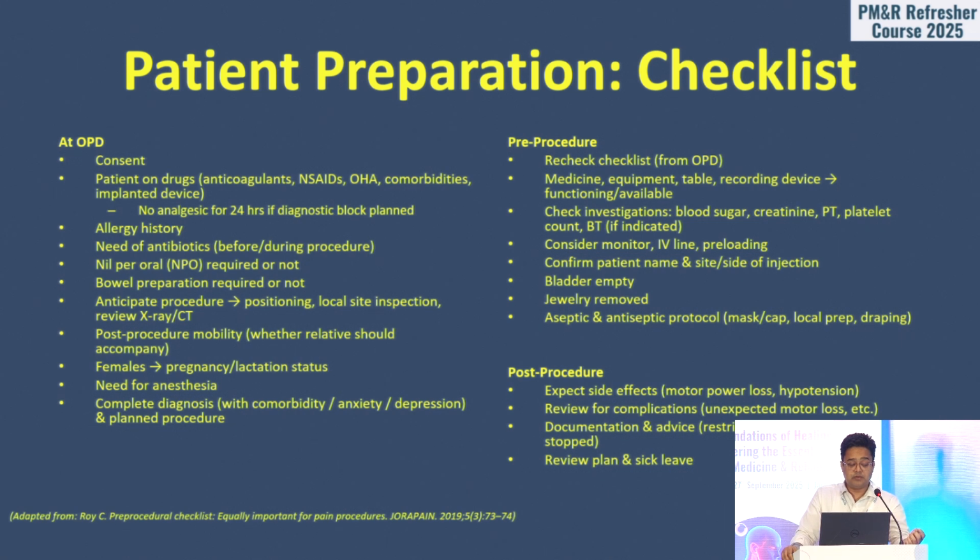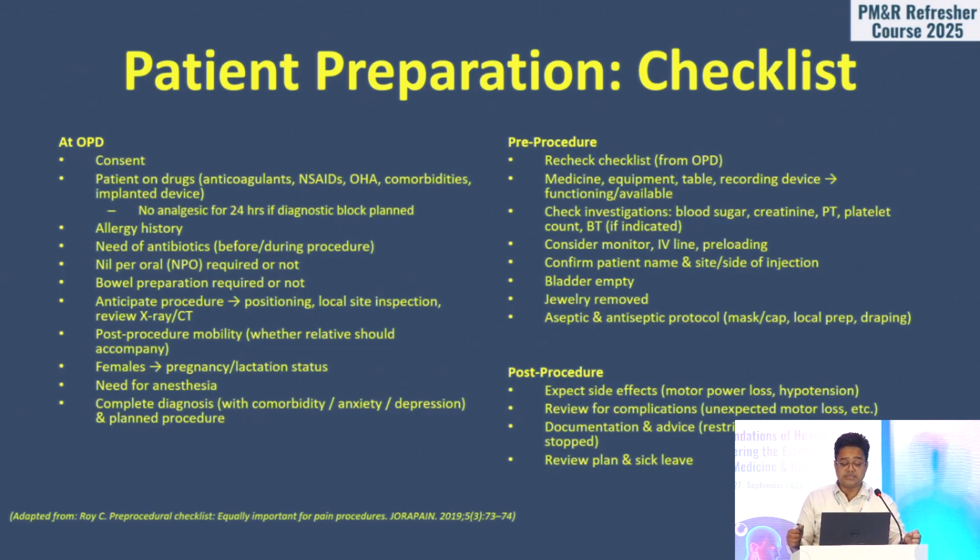Consider whether antibiotics are needed, whether NPO is required, whether bowel preparation is required, and anticipate the procedure, like positioning, local site inspection, reviewing X-ray and CT scan, post-procedure mobility, and whether relatives should accompany. For females, pregnancy and lactation status should always be checked. Consider the need for any anesthesia, and a complete diagnosis with comorbidity, anxiety and depression.